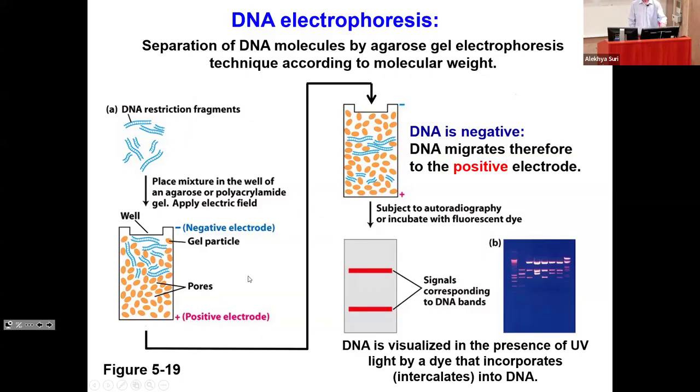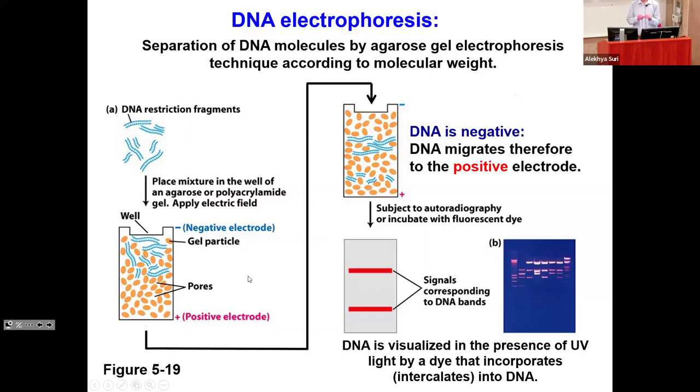Usually we are talking about DNA fragments of maybe 1, 2, 4, 5 kilobases or so. So you would use, for example, a 1% agarose gel, and when you apply an electric field to this loaded DNA, it will move through the gel with different speeds.